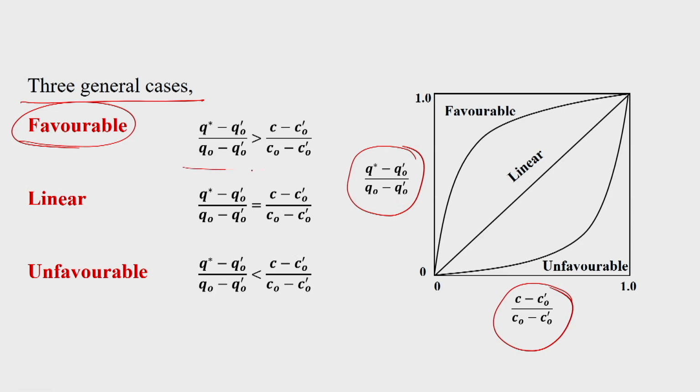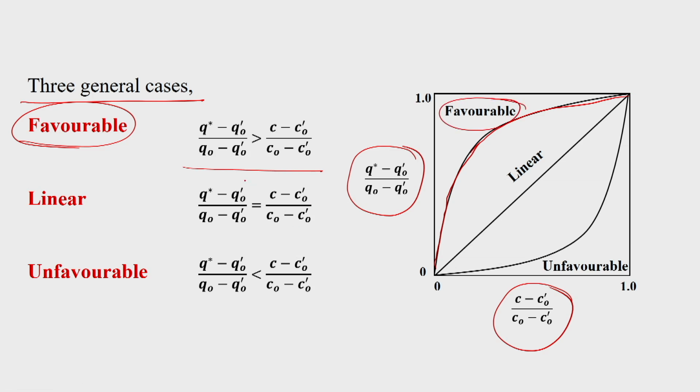So, q star minus q o prime by q o minus q o prime will be greater than C minus C o prime by C o minus C o prime. So, this y quantity is increasing very fast, but this x quantity is increasing very slowly. So, this adsorption process is favorable. That is why this is the favorable condition.